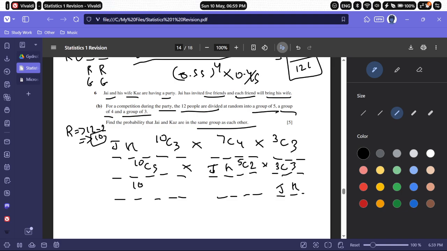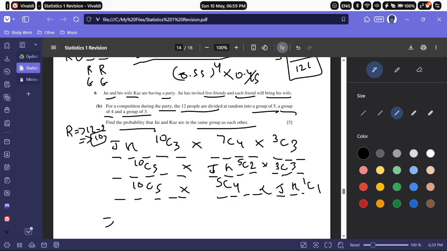Then again you have 10C5 for this as well, times 5C4 times 1C1. Now these are all of your favorable outcomes. Keep that in mind because this is the probability, right? So you just add all of these up. So 10C3 times 7C4. 3C3 is just 1, so you can ignore that.